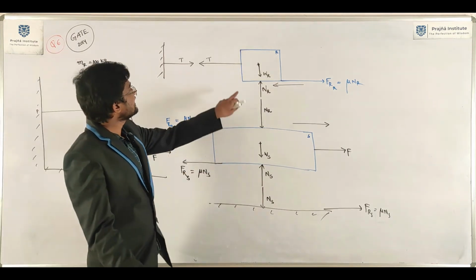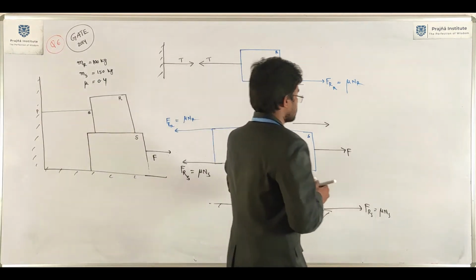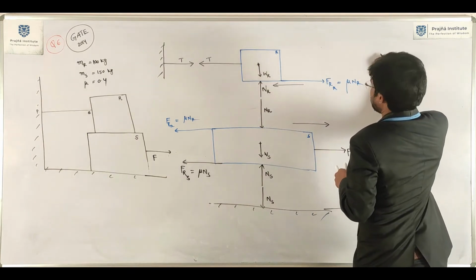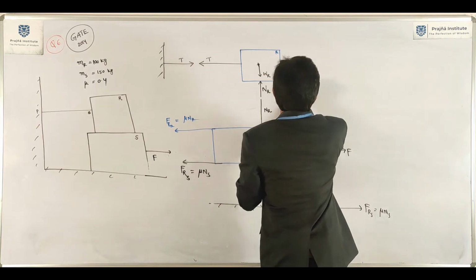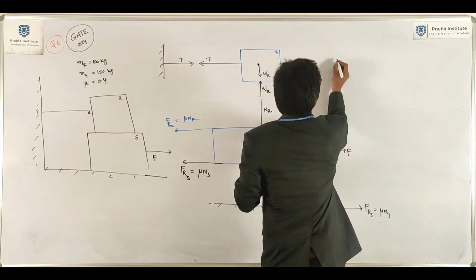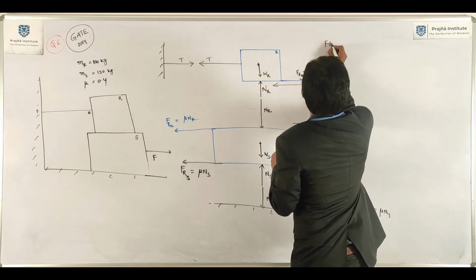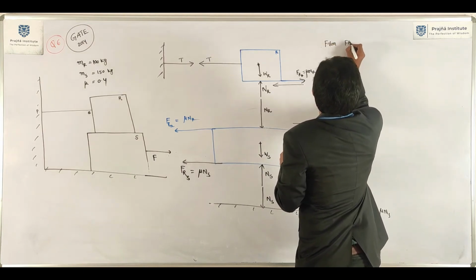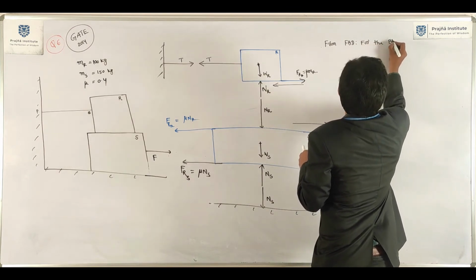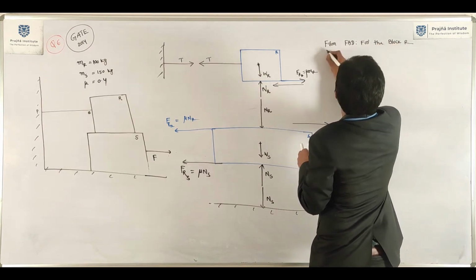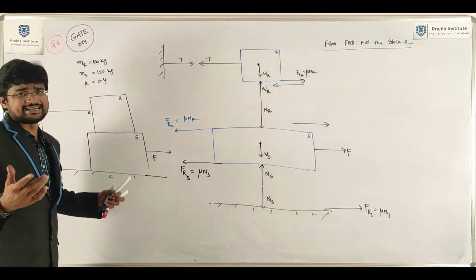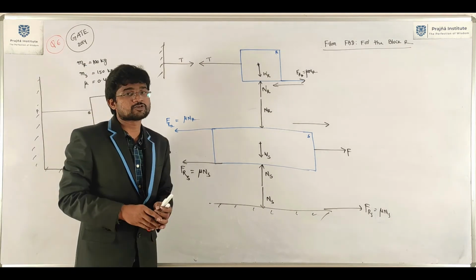Free body diagram for the block R. See here. FBD. F_RR equal to mu into N_R. From the free body diagram for the block R, just focus on the block R. Check it once whether you incorporated all the forces or not.